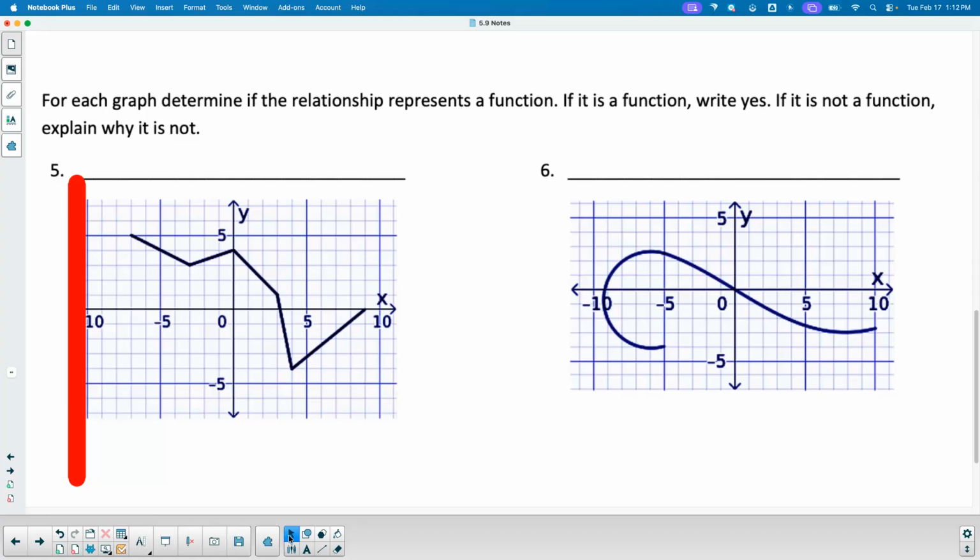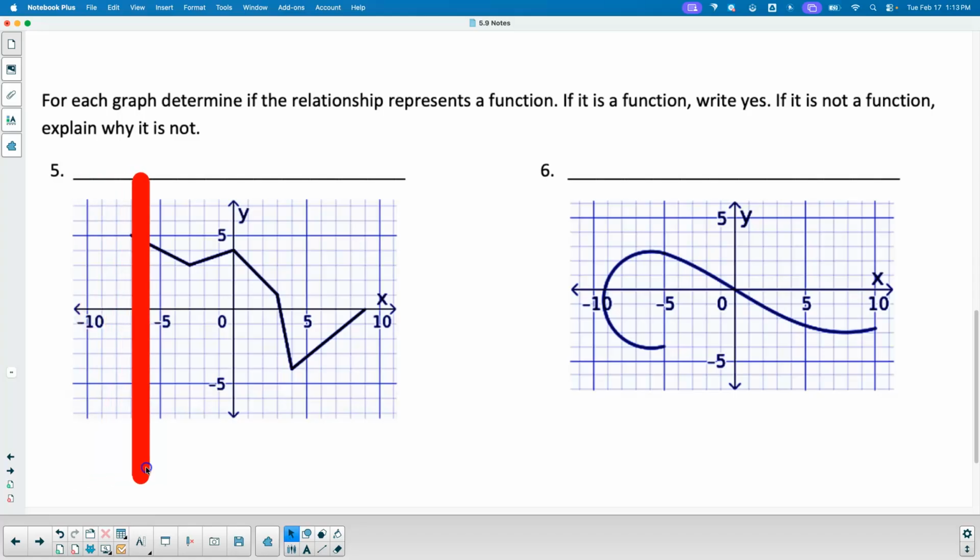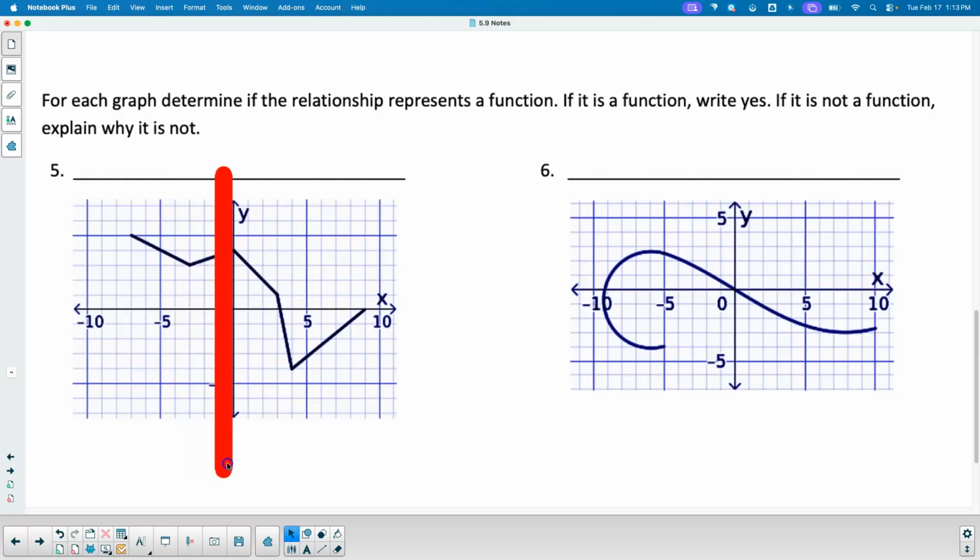You can take a piece of paper and roll it over and slide it across. As long as that line is vertical, straight up and down, while you're going across, your alleged function can only touch that vertical line once.